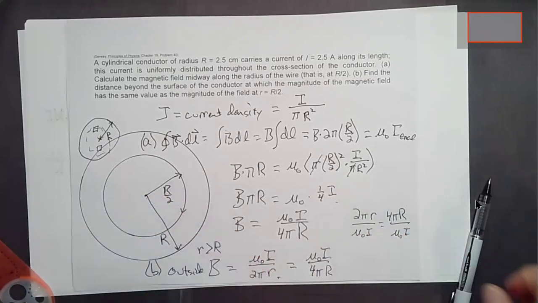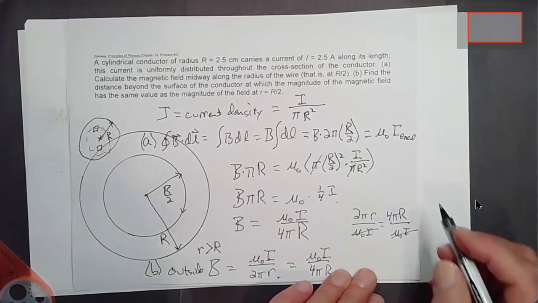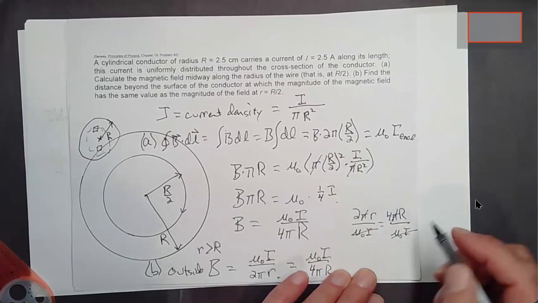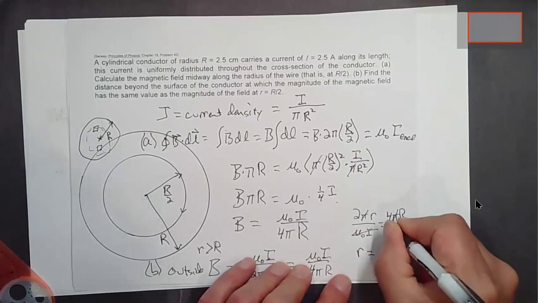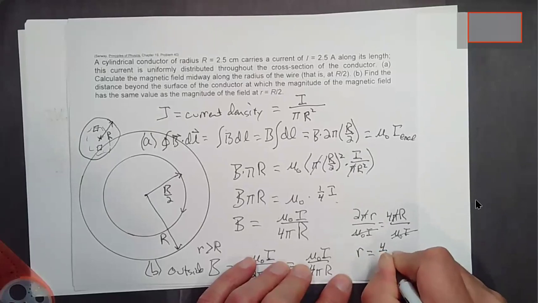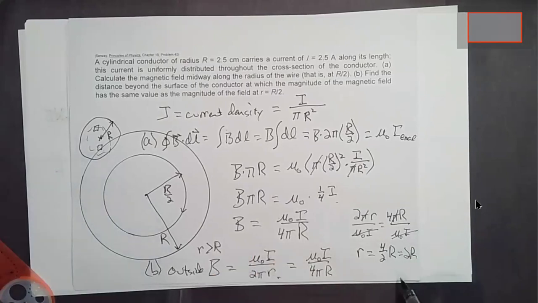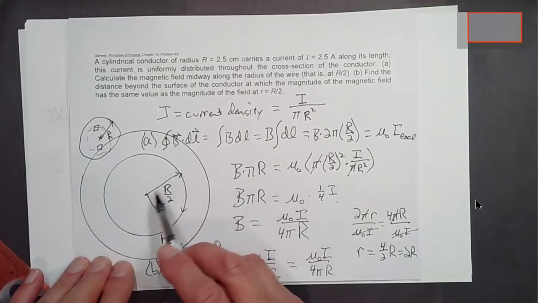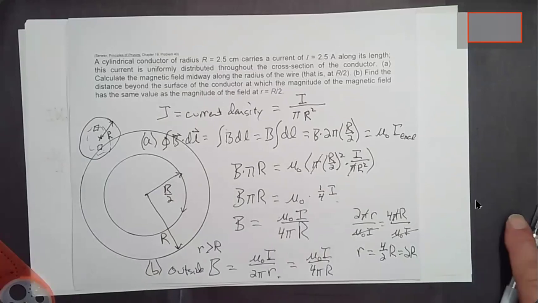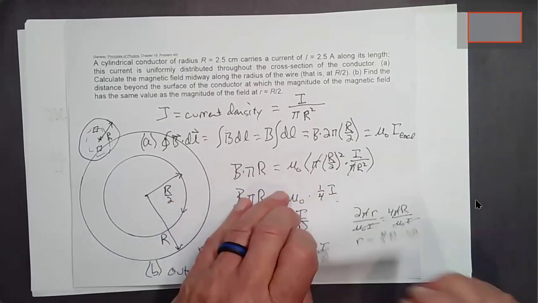Their reciprocals are equal. And I can cross out things that are common to both sides, like pi's. And I get that little r ends up being 4 halves capital R, which is 2 capital R. So that's where that magnetic field outside the wire will be the same strength as it is at R over 2 inside. So that was kind of an interesting problem.